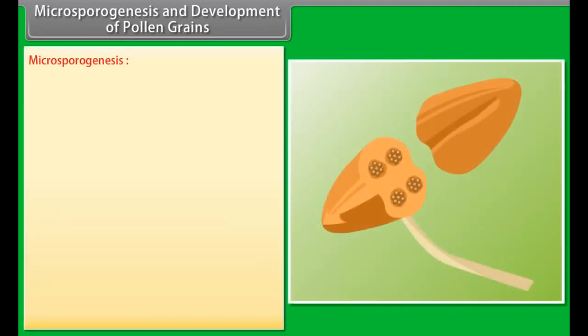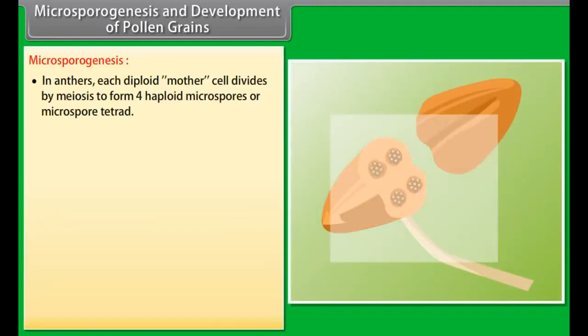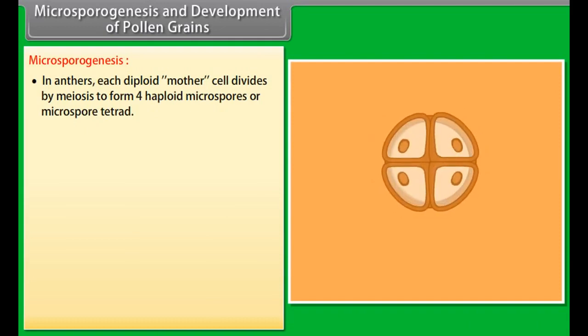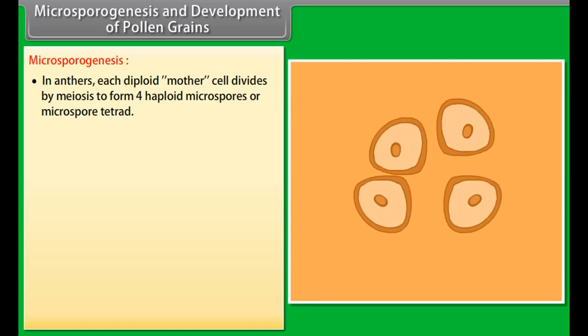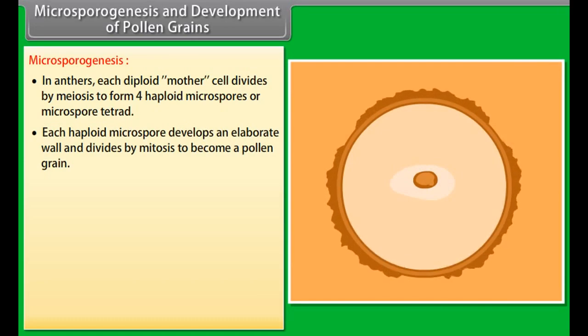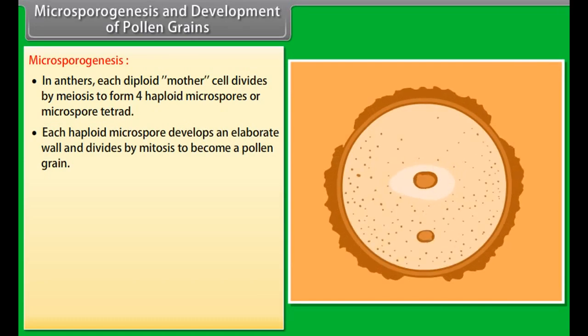Microsporogenesis and development of pollen grains. In anthers, each diploid mother cell divides by meiosis to form four haploid microspores or microspore tetrad. Each haploid microspore develops an elaborate wall and divides by mitosis to become a pollen grain.